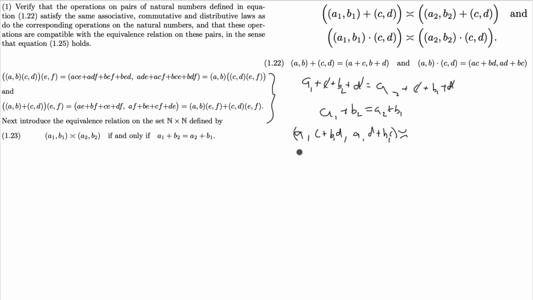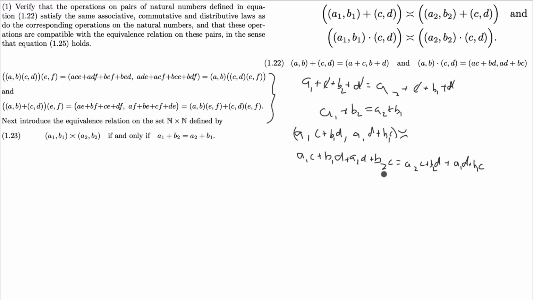It's equivalent to checking if a1c plus b1d plus a2d plus b2c is equal to a2c plus b2d plus a1d plus b1c. So we need to check if these two are equal.